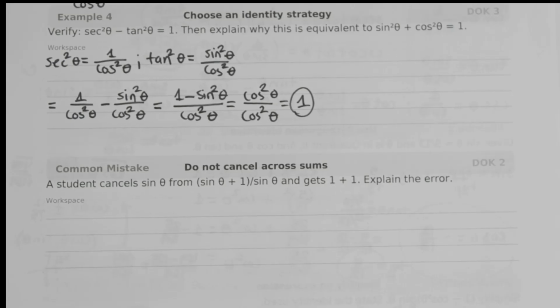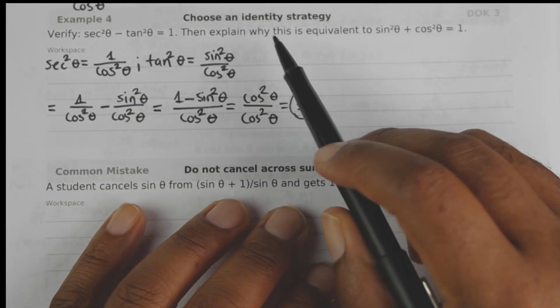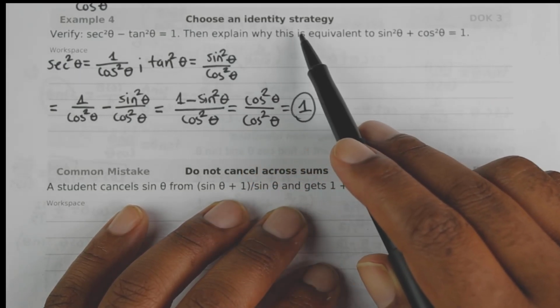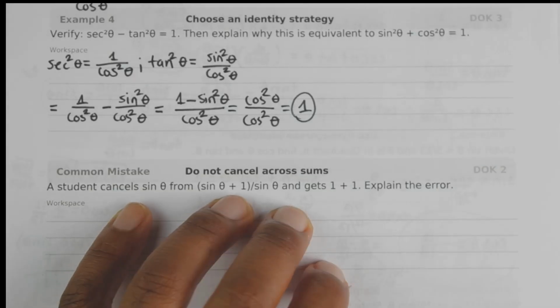And then it says, show that this is equivalent to sine squared theta plus cosine squared theta equals 1. So what we can do, let's see. How do I want to approach this problem? It says, then explain why this is equivalent to sine squared theta plus cosine squared theta.